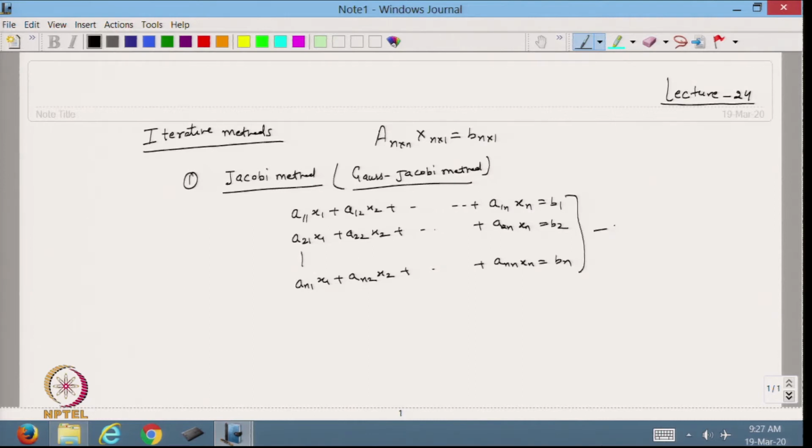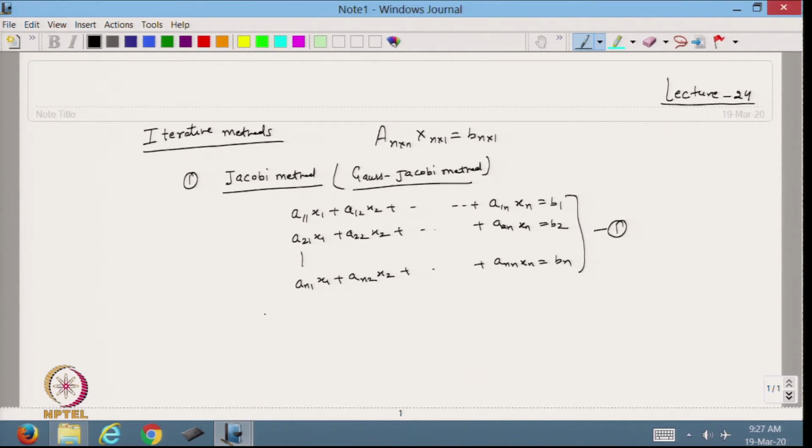This is my system of equations. I will reduce this system in such a way that I can write a code for it, and with the help of the initial condition I should be able to find the solution.